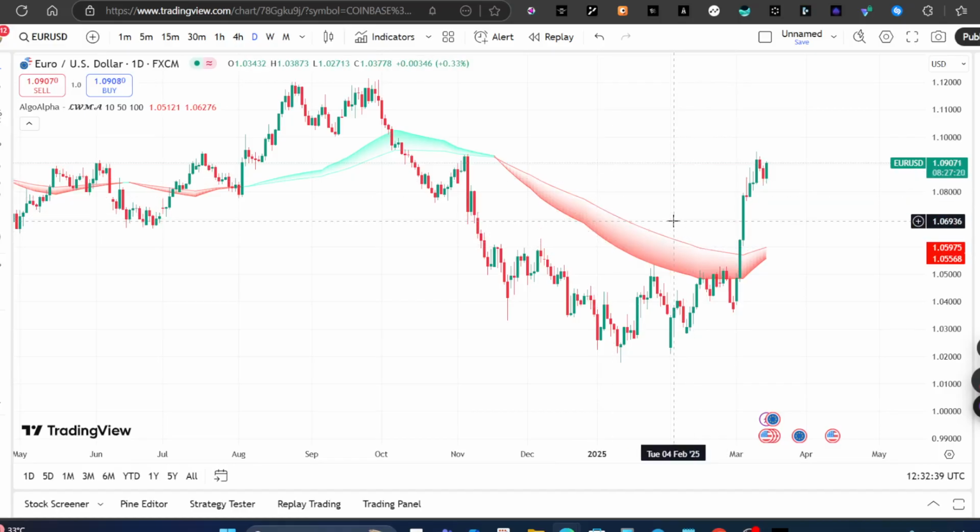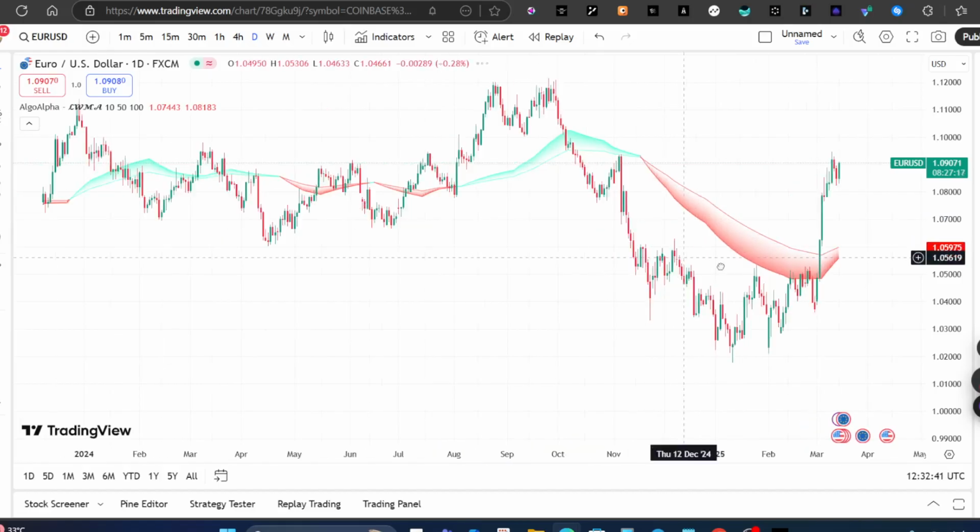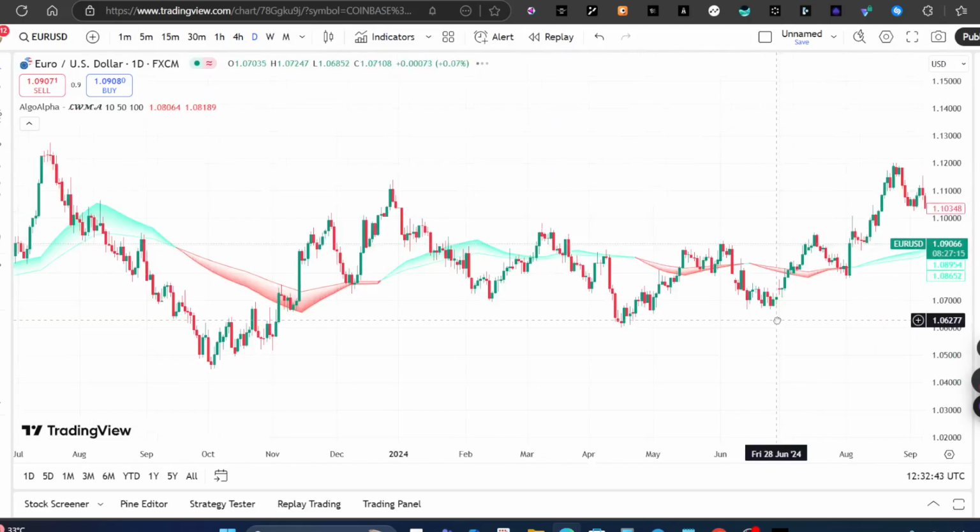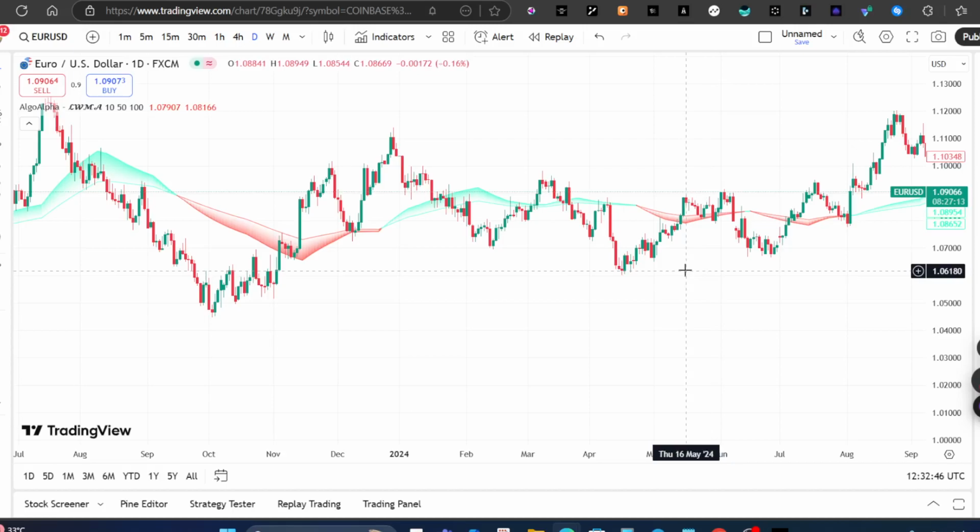This is particularly useful in choppy or sideways markets, where traditional moving averages can give misleading signals. Because the LWMA accounts for liquidity, it can react to price changes more quickly when liquidity is higher. So that helps you identify trend shifts and market reversals before they are fully confirmed by other indicators. So this gives you the edge in making faster and more informed decisions.